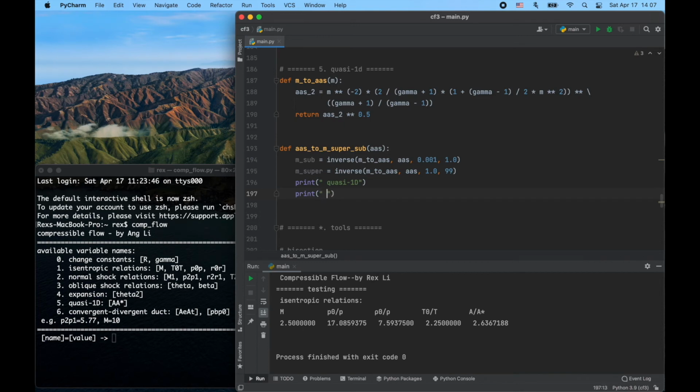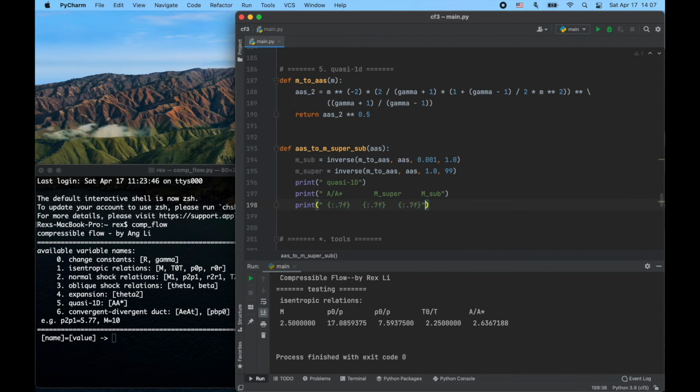Print. This is going to be columns.c7f, 3 spaces, dot format. It's A star, M super, and M sub.